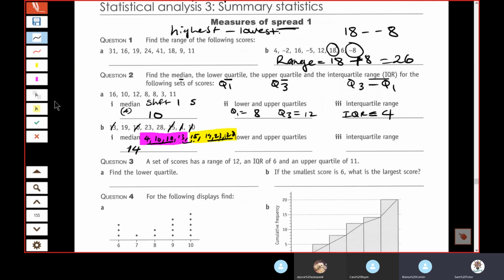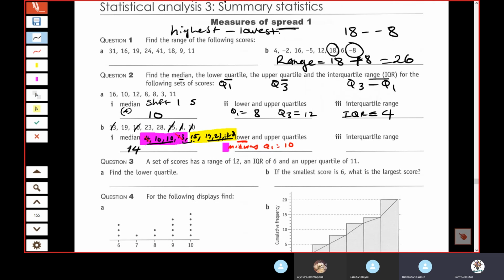All right. And then to find your lower quartile, Q1, it would just be midway, or halfway, or average, however you want to say it, of the first group. So cross it out, halfway of 10 and 10 is just 10.